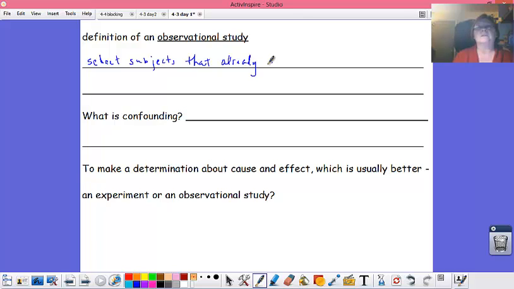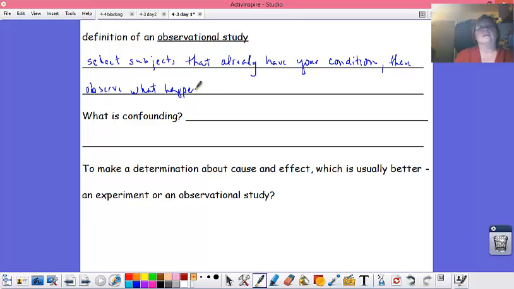They already fit your bill. And what you do, of course, is investigate, you observe what happens to these folks.